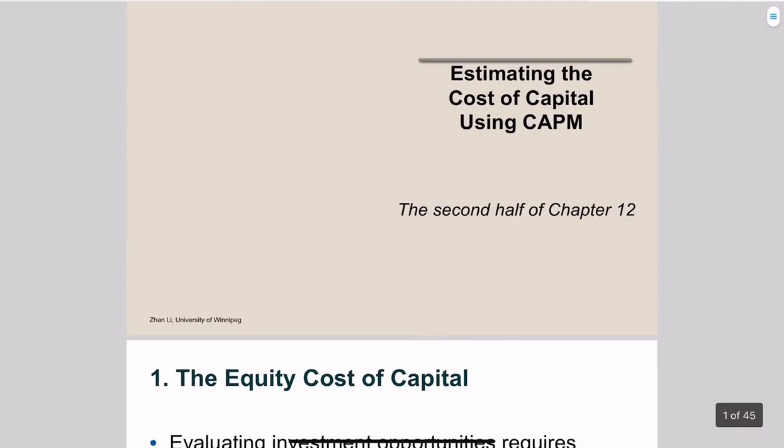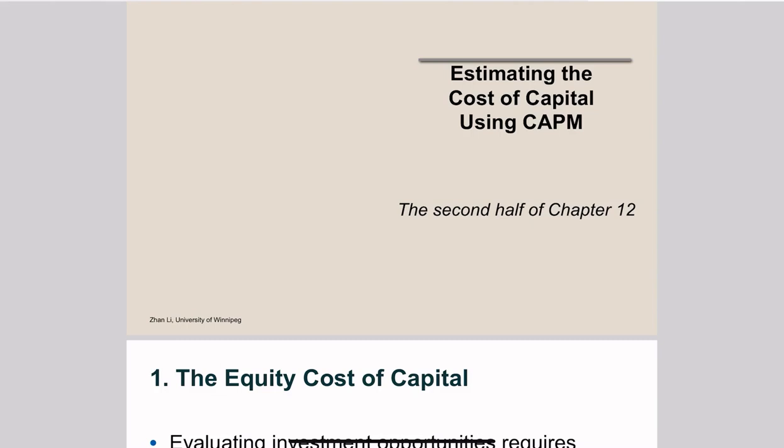The fourth chapter is, I would say, the end result, the purpose of the previous three chapters. Remember that we have done a lot of things, right?